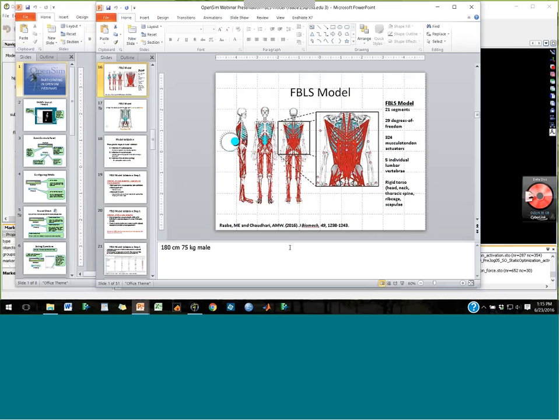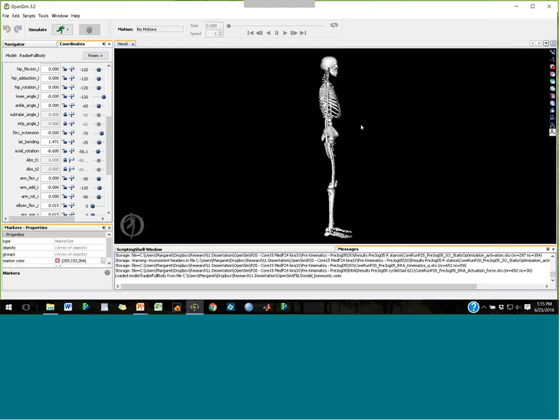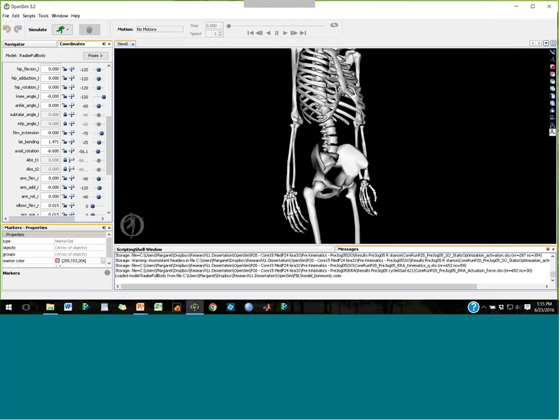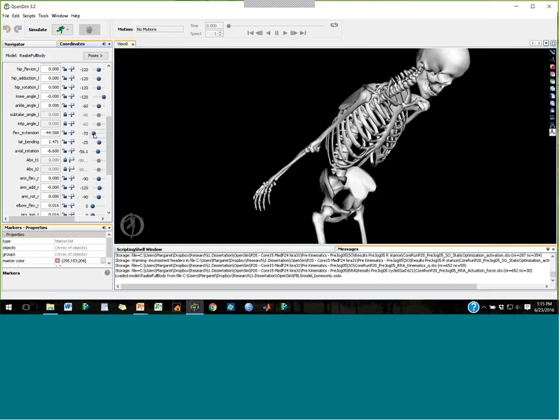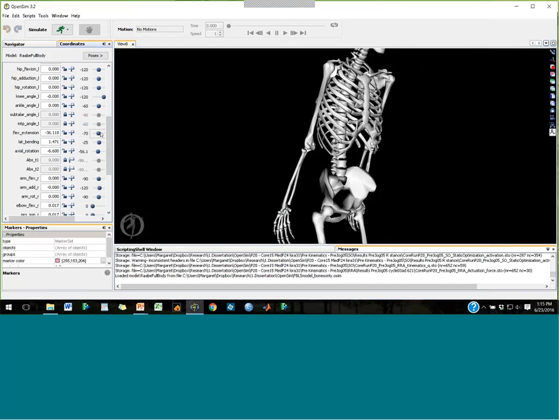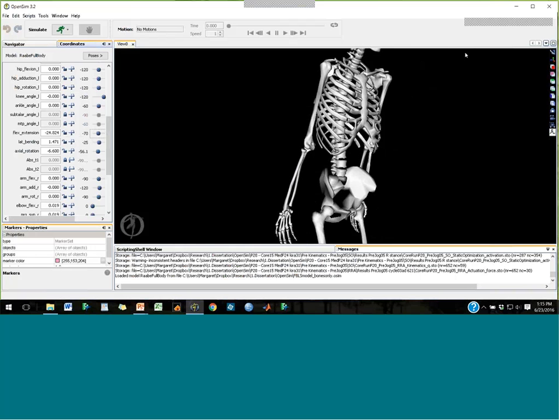I'm going to switch over to OpenSim now real quickly to show you how all those lumbar vertebrae move together. We first have flexion and extension here. And then we have lateral bending.